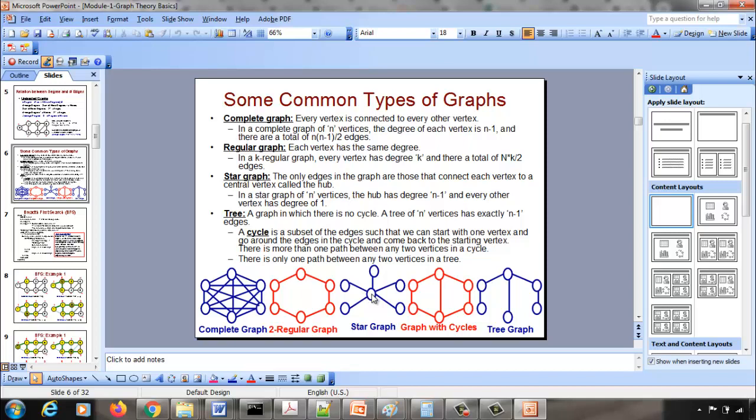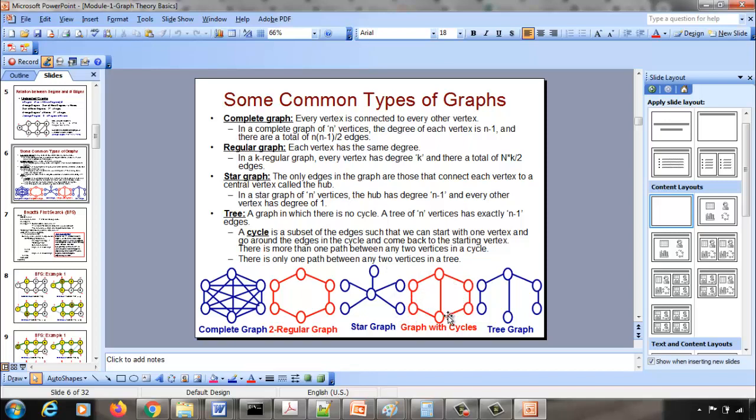The edges connect the hub to every other vertex. So this looks like a star. In a star graph with n vertices, the hub has a degree of n minus 1 because it's connected to every other vertex, and the other vertices have a degree of 1.